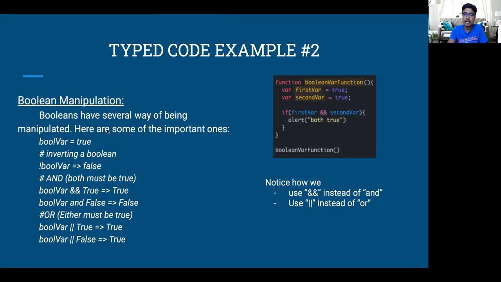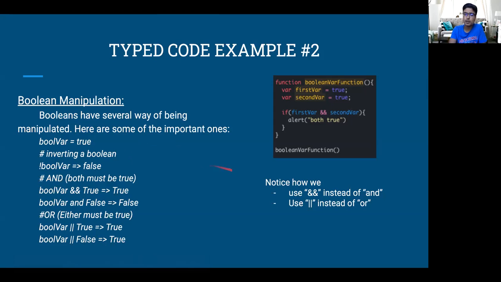If you remember how we inverted a variable to a false, say if a Boolean variable was initially true and we want to make it false, we simply add that exclamation mark in front of the Boolean variable. But let's talk about the differences which are prevalent when we're trying to see if two Boolean variables have the same value, or trying to see if one has a value of true or false.